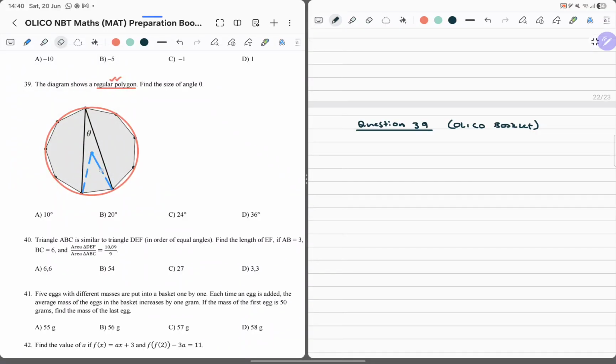Let's call this center O. Now you can already see, guys, our job is just to find the angle at center. Once we find the angle at center, we know that theta is the angle at circumference. So we are sorted. Can you see?